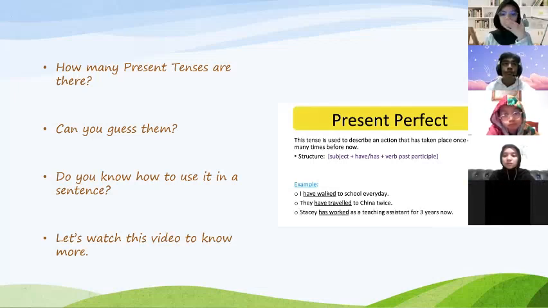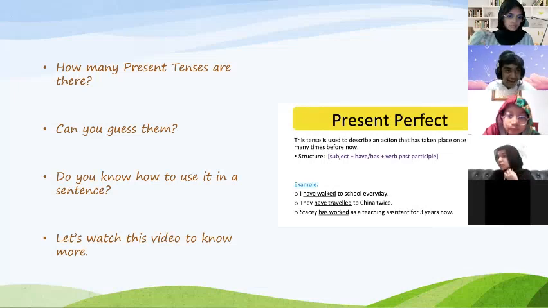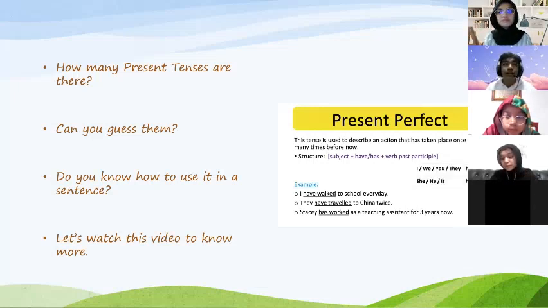Stacy has worked as a teaching assistant for 3 years now. It's important to remember the time period is still continuing. For example, Stacy's career is still continuing. Therefore, we use the present perfect tense. It's important to note, for subjects I, we, you, they, we use have. For subjects she, he, it, we use has.